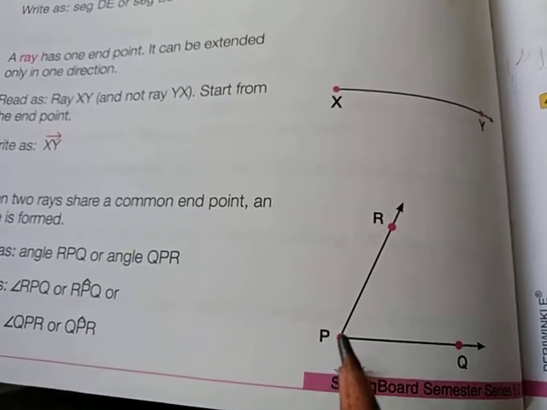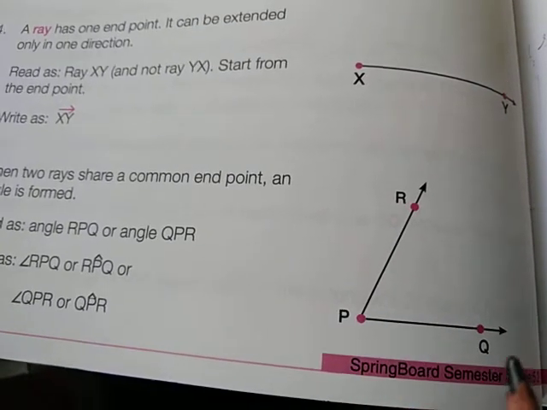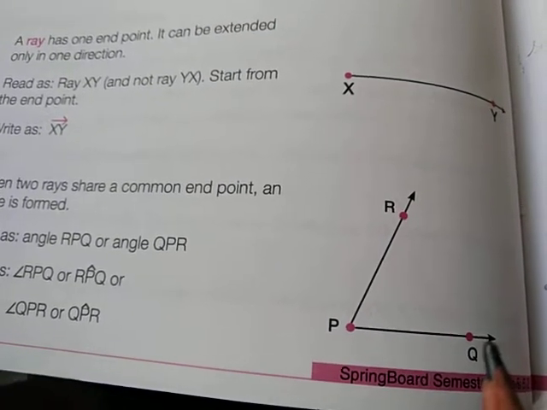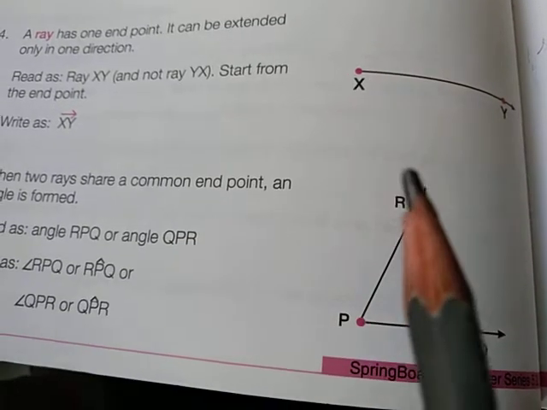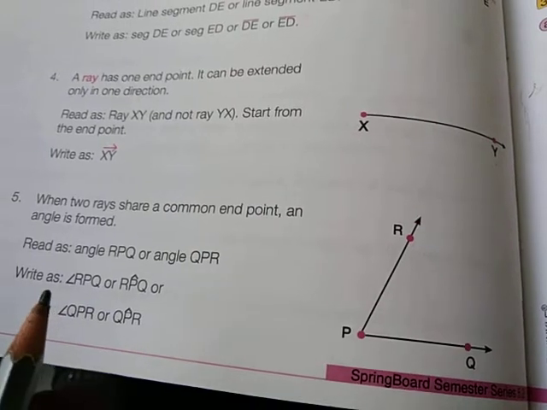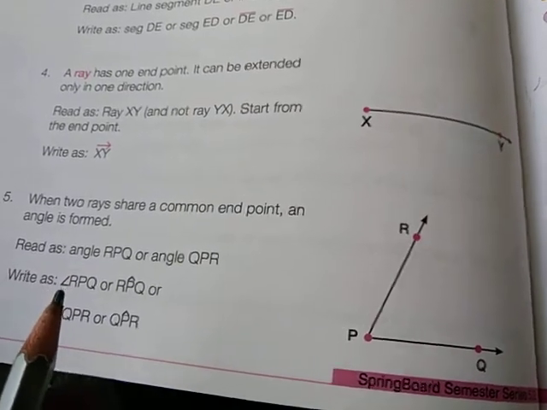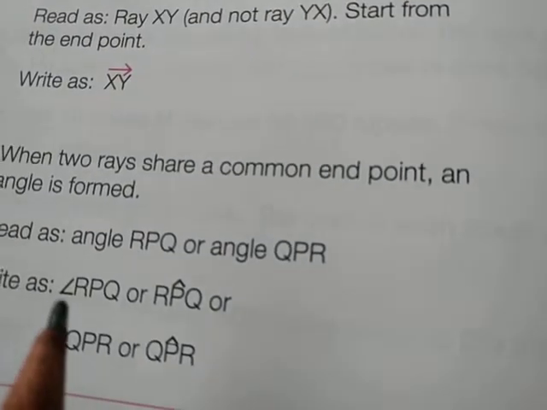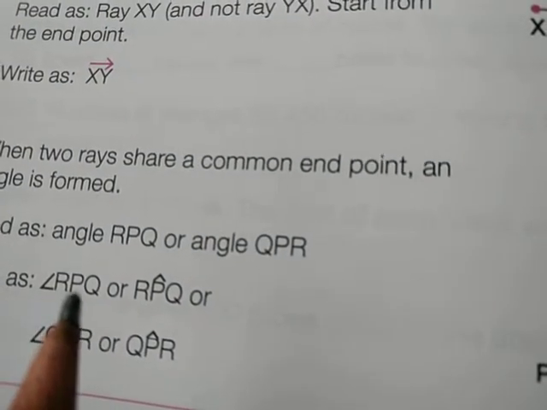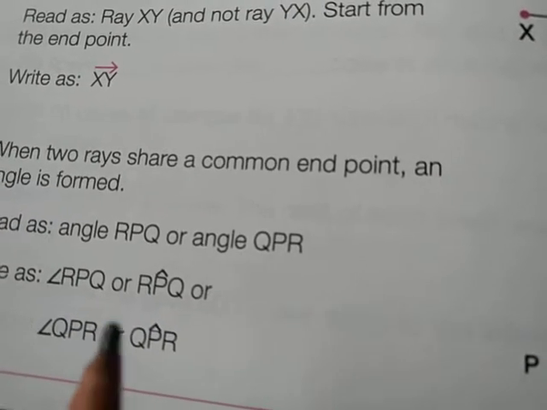So how do we write it? Angle RPQ, or we can write angle QPR. This is the sign of angle. So we can write angle RPQ or angle QPR.